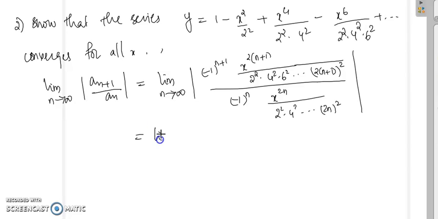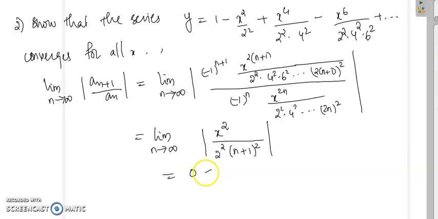That will be equal to the limit n tends to infinity of x square by 2 square into n plus 1 whole square. Now as n tends to infinity, the limit of 1 by n plus 1 whole square is 0, so that is less than 1. Therefore, by the ratio test, the series converges for all x.